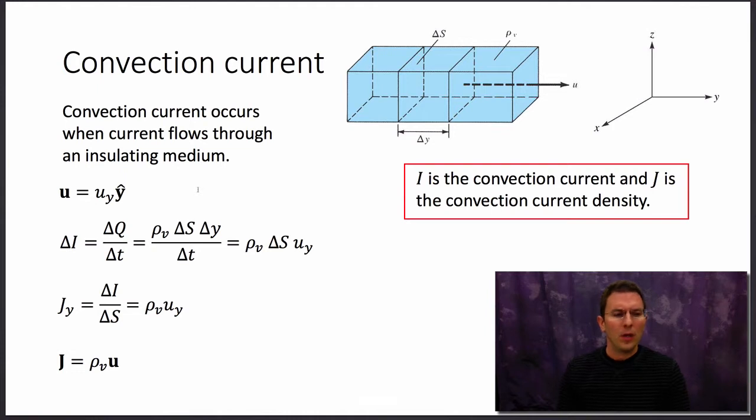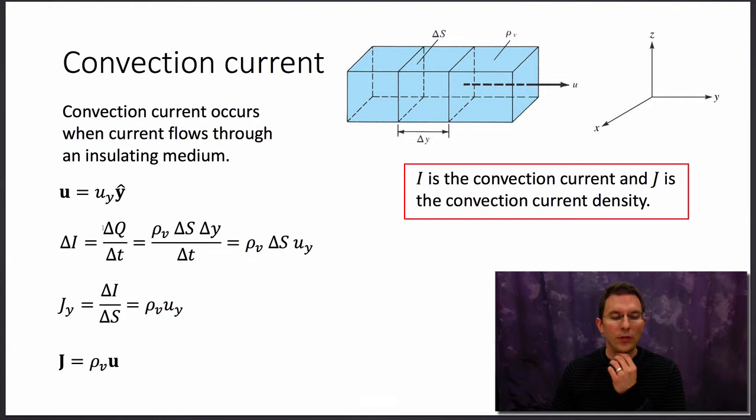Going back to our previous slide, we have this expression for delta I, the amount of current flowing through this surface area, which we decided was delta Q over delta T, the amount of charge per unit time.